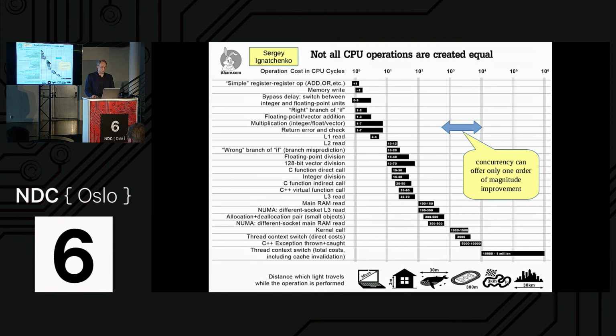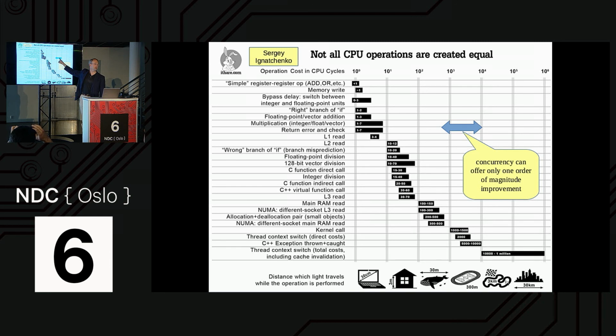Here's a lovely picture from Sergey Slotin. This is time across here, and this is in orders of magnitude. There are 6 orders of magnitude between 10 to the 0 and 10 to the 6 here. Just one thing to point out to you is that concurrency can offer you about 1 order of magnitude.